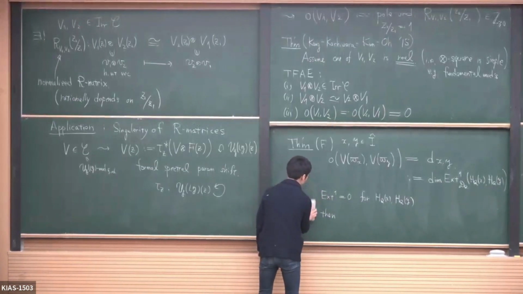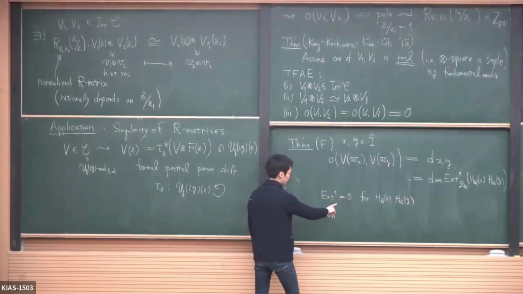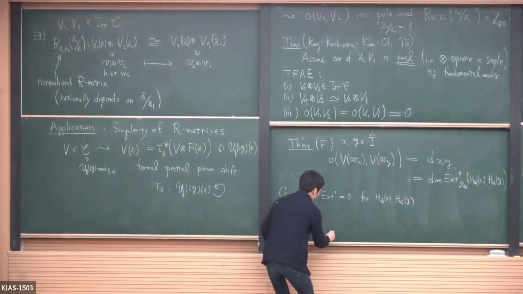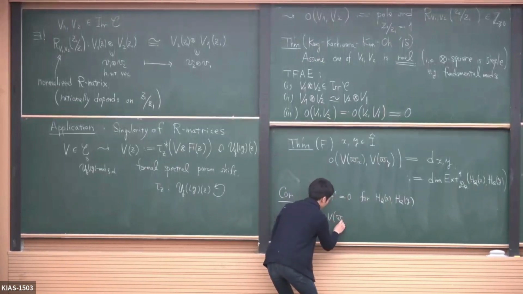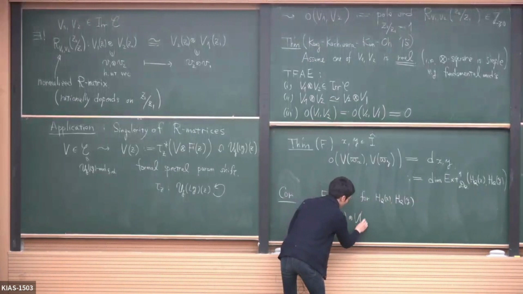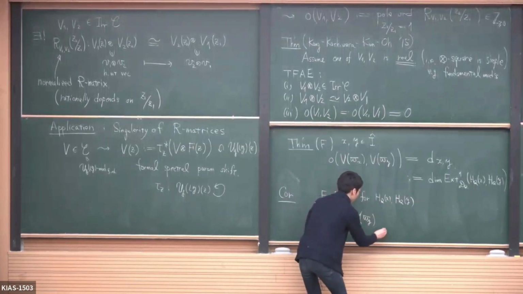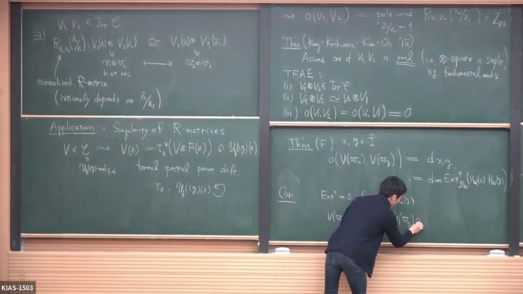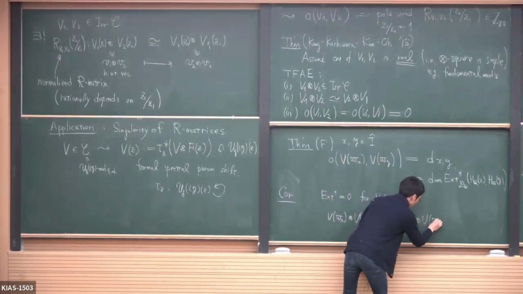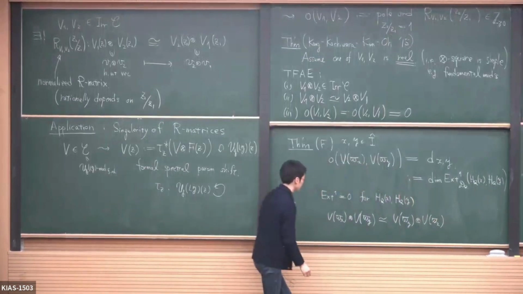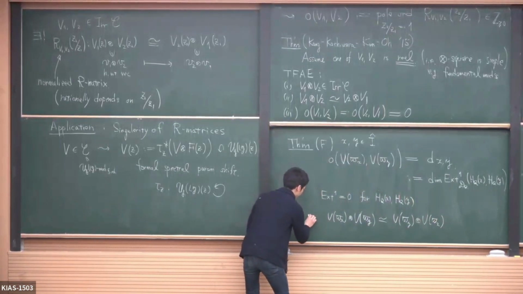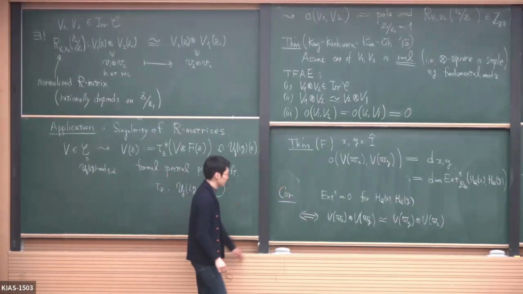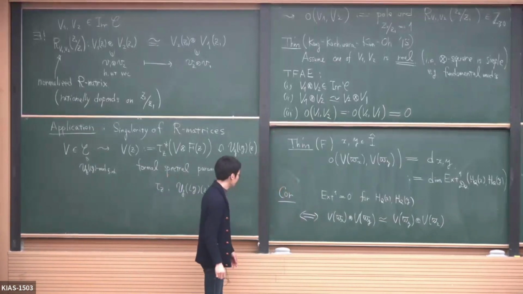So if Ext^1 is equal to 0 for the corresponding indecomposable objects, then we get the commutativity of the corresponding fundamental representations. And this is an equivalence. This condition is equivalent to that condition.